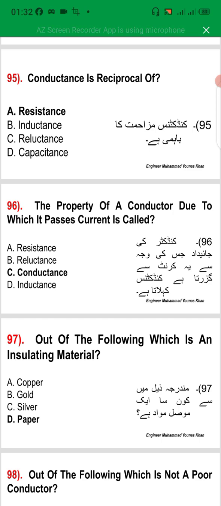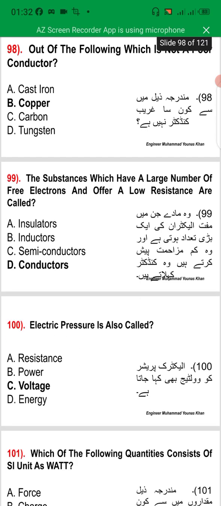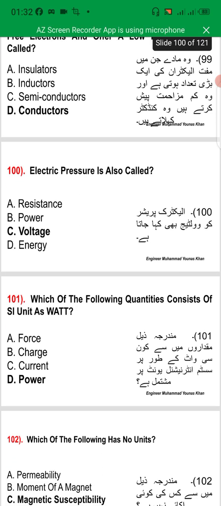Out of the following, which is an insulating material? Paper. Out of the following, which is not a poor conductor? Copper. The substances which have a large number of free electrons and offer a low resistance are called conductors. Electric pressure is also called voltage.